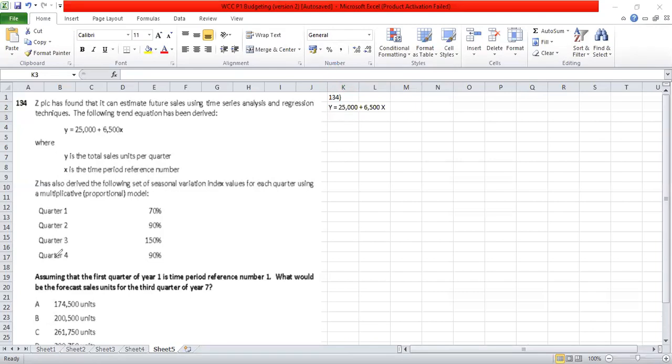When we look into this particular question, the first set of data is y is equal to 25,000 plus 6,500x.